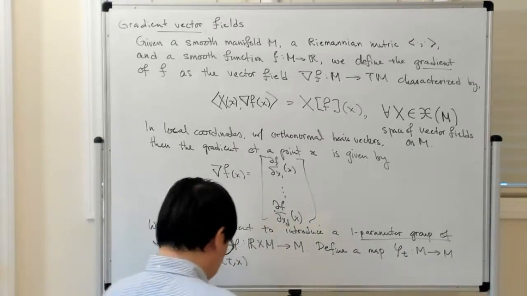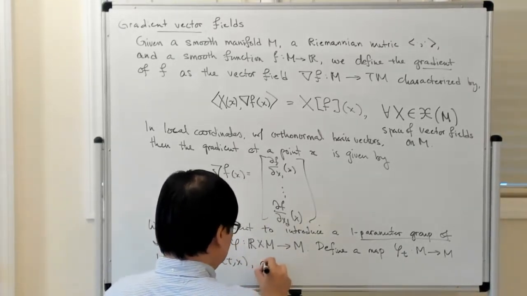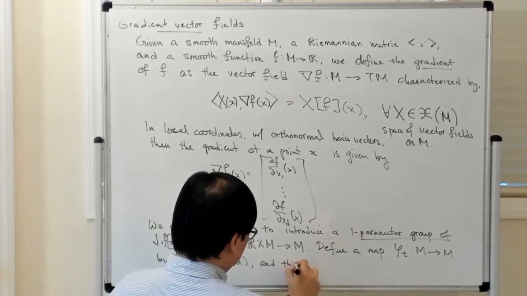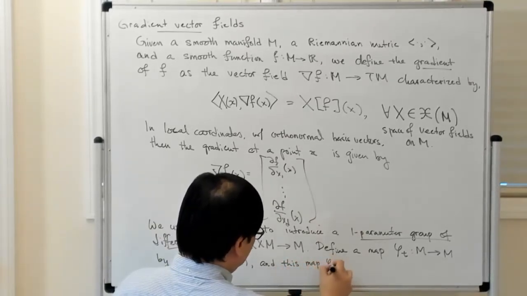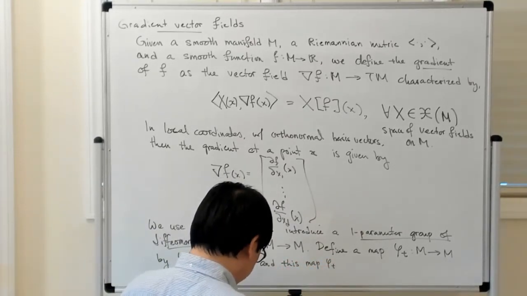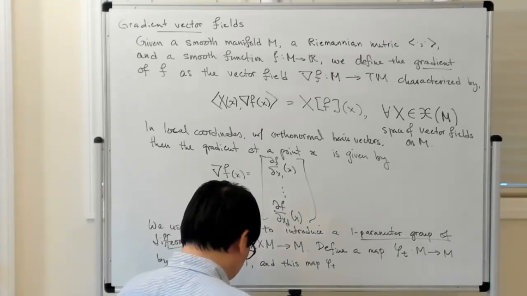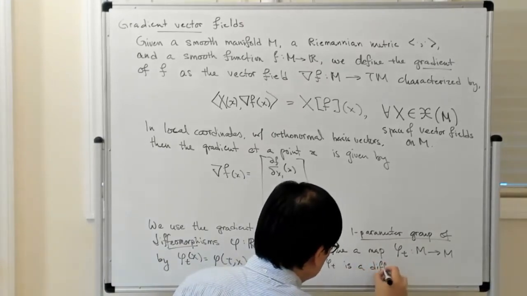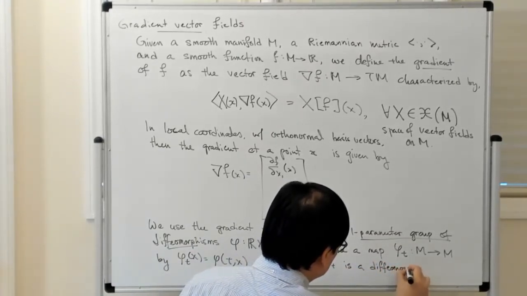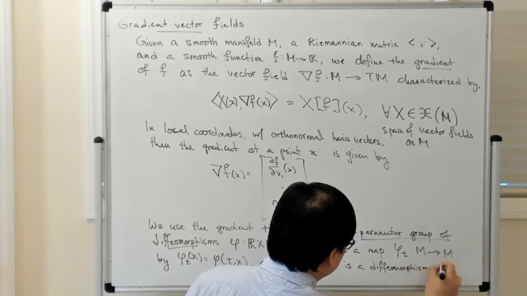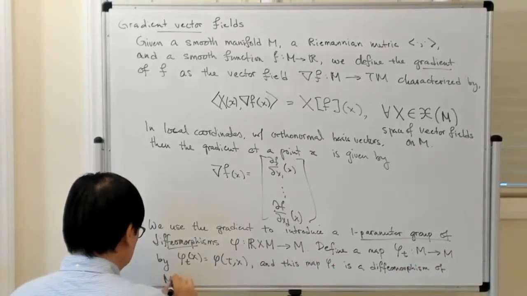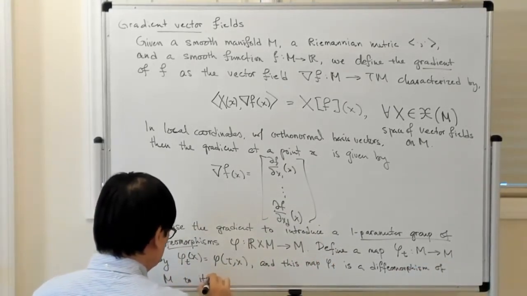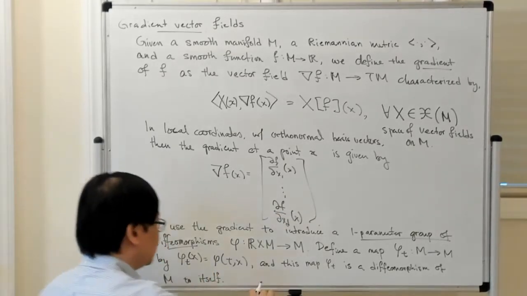Okay, and then this map phi t is a diffeomorphism of M to itself. Okay, so that's not so surprising.